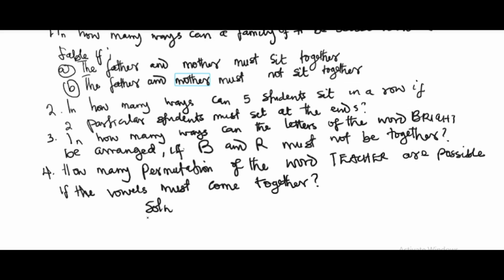The first question, it said, in how many ways can a family of 7, first of all, to arrange the family of 7 without condition, if there are no conditions attached, that's the first thing to do. Without conditions, how can this family of 7 sit round a table to enjoy their dinner or lunch? That will be n minus 1 factorial.